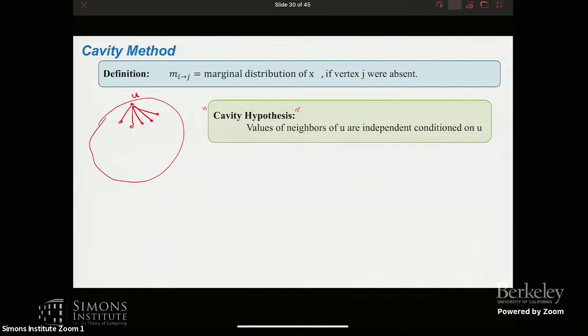So in particular, if I look at two vertices v and w here, if you want to go from v to w, you have to take probably a long path, like a log n length path, because typically cycle sizes are of order log n in these graphs. So if you took away the vertex u, you think that the neighbors are far away from each other, so they become independent. But there are many.